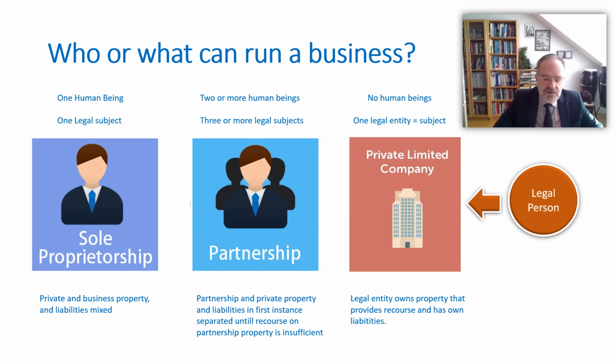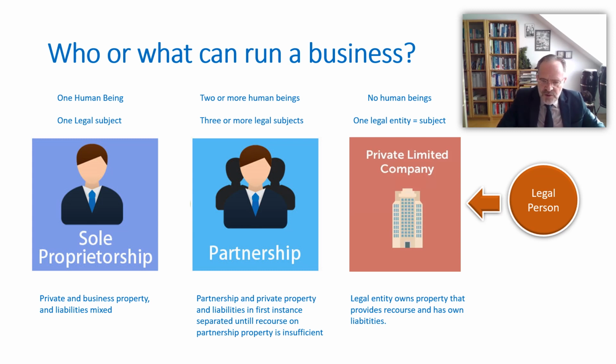The third generic legal form available is the so-called private limited liability company. This legal form exists independently of people. And here we only have one legal entity, which is in itself a legal subject. And that legal subject, that legal entity, has its own property.